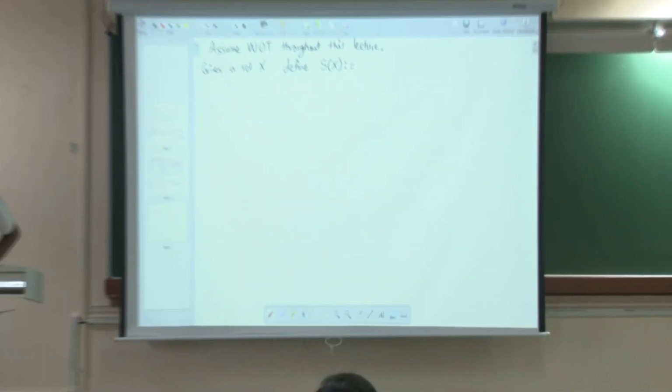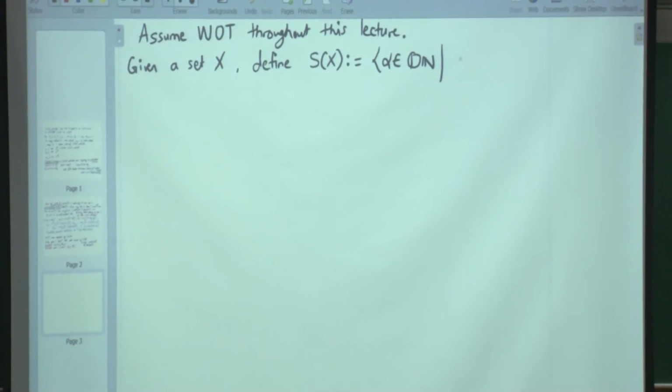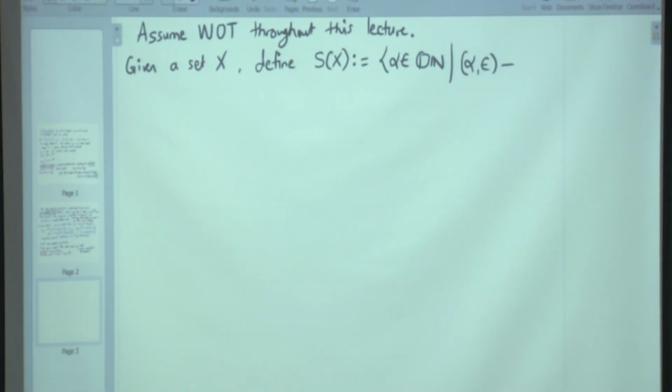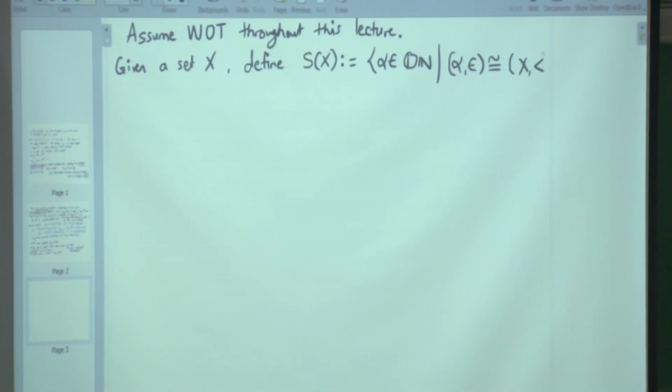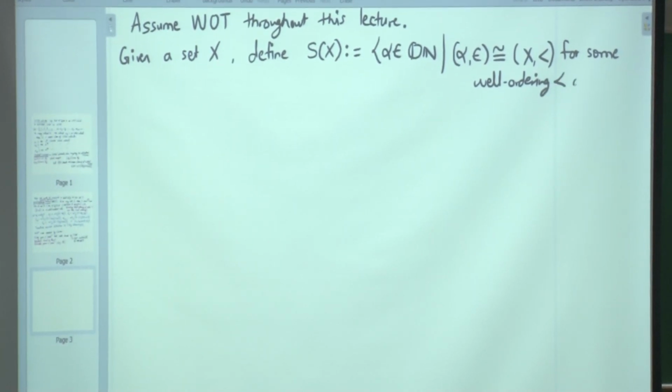So given a set X, define S of X to be the collection of all those ordinal numbers alpha such that alpha, belongs to, is isomorphic to X, less than for some well ordering less than on X. Okay, so for example, let X be {2, 3}.